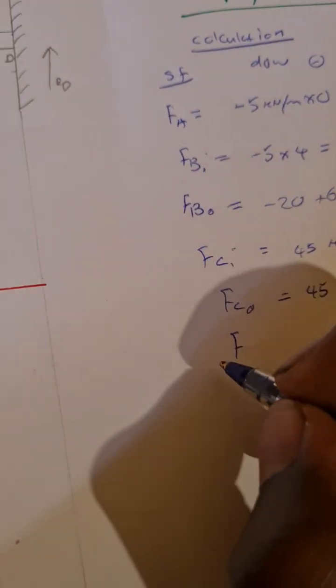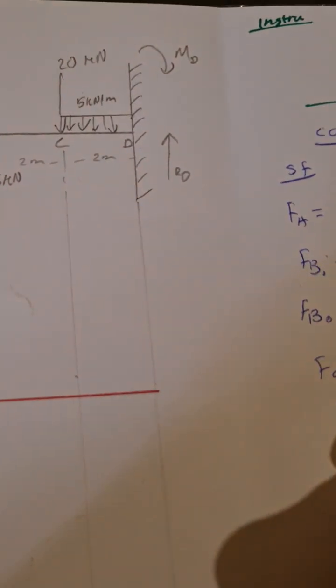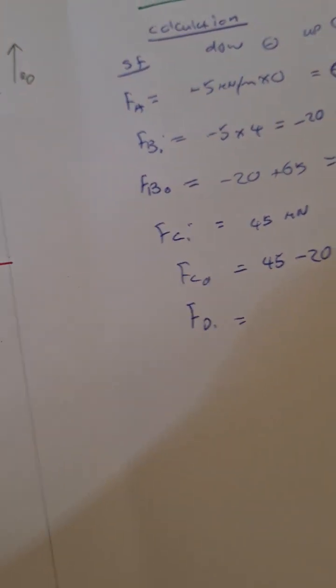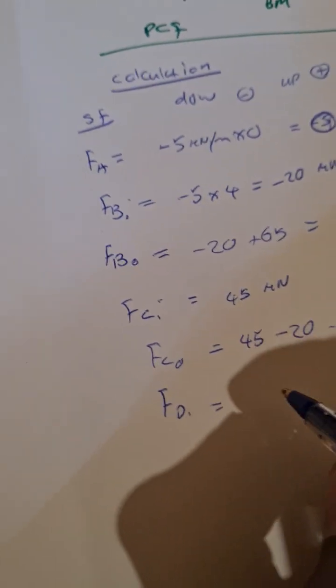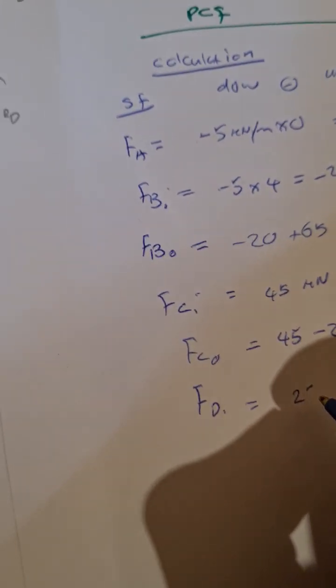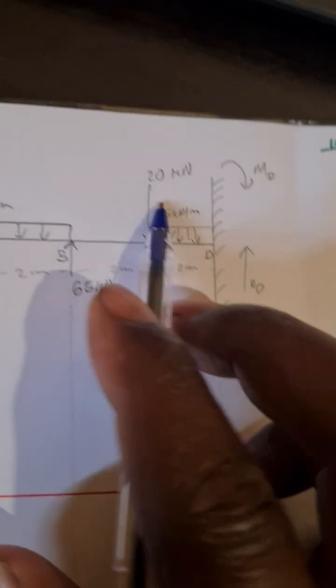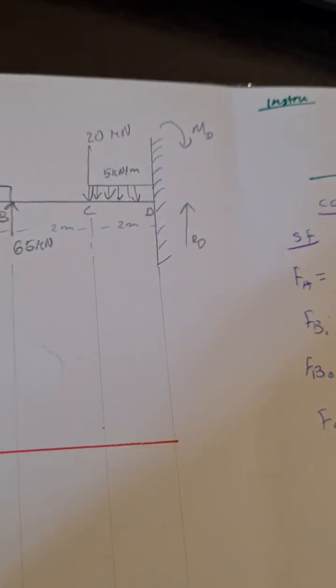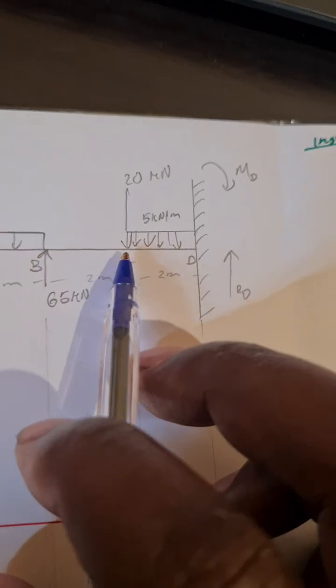Then force before D, already we have 25, right?